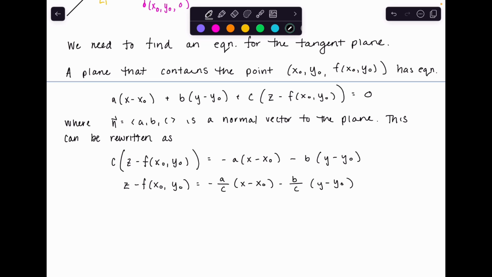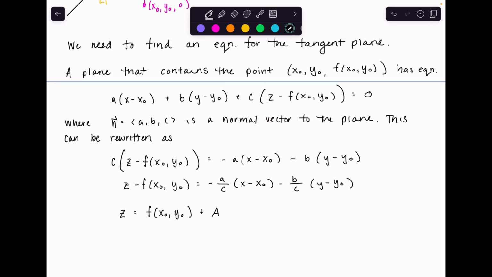And then realistically, A and B and C are still all unknown. So instead, what I can do is just call these a different variable, capital A and capital B. And then I can move this to the other side. So this gets the z by itself, and this is the initial z value.